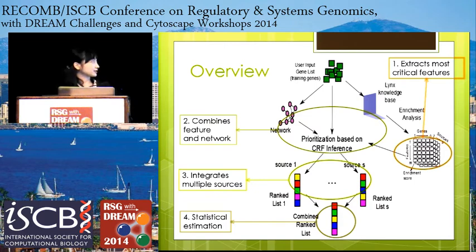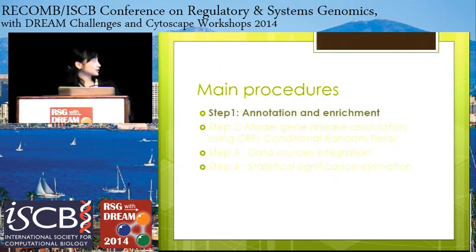The first step is that we take a list of user input genes, and then we extract the most critical features for this group of user input. Then we combine the feature and network and do inference using a conditional random field, and then we integrate from different sources to get the combined score. The final step is to estimate how significant the score is with respect to a general distribution of scores.